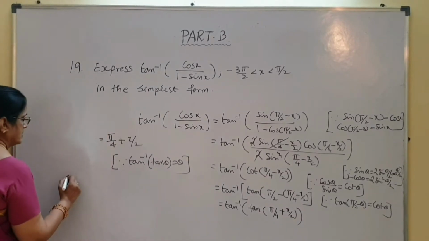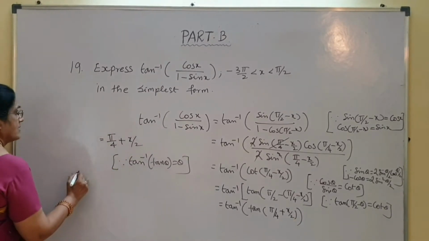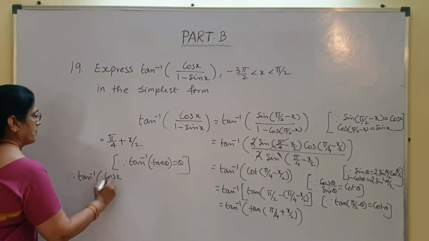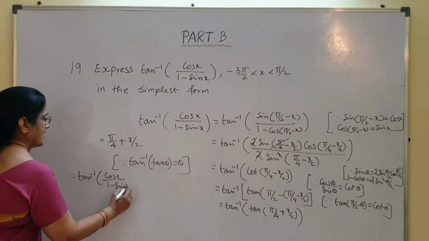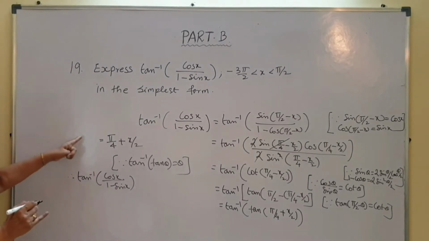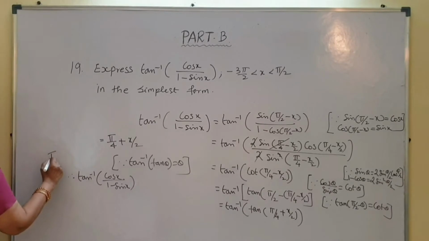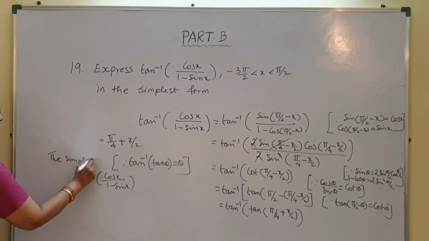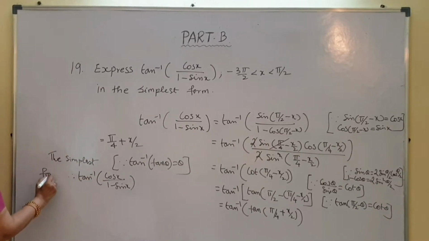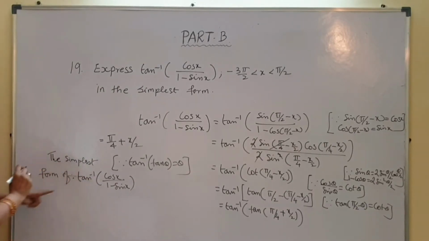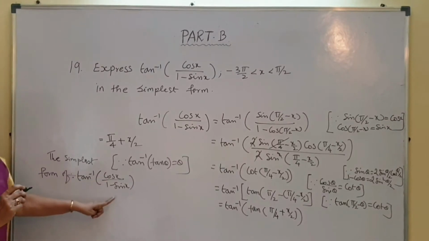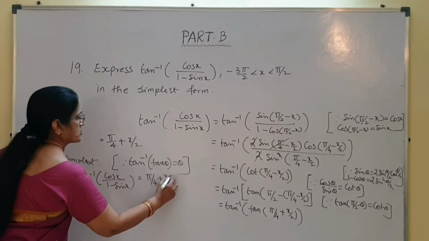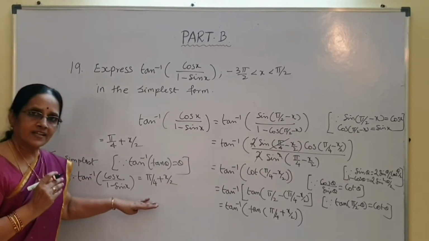Therefore, you can write the simplest form of tan inverse cos x by 1 minus sin x is pi by 4 plus x by 2. So this will be your final answer.